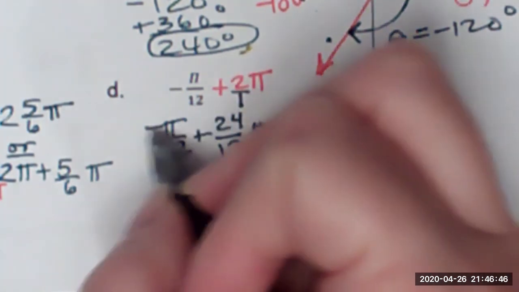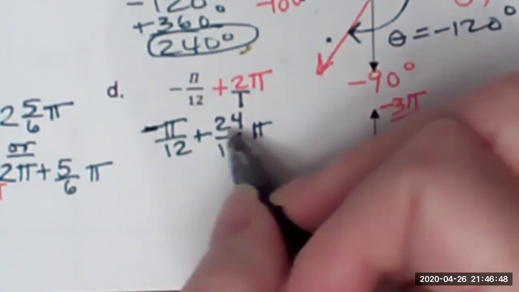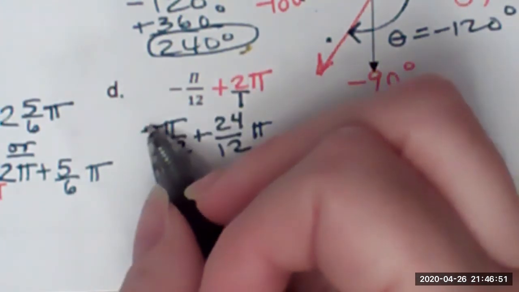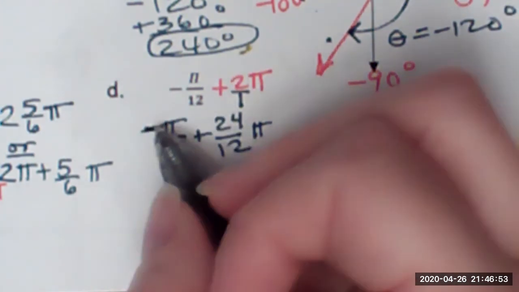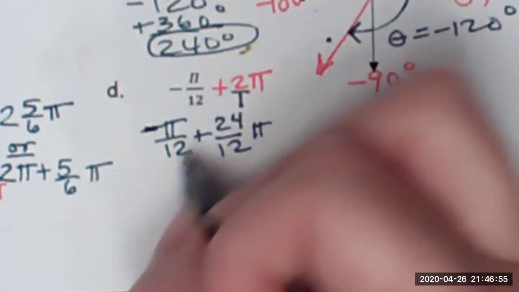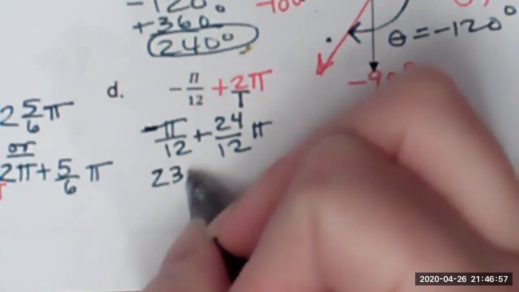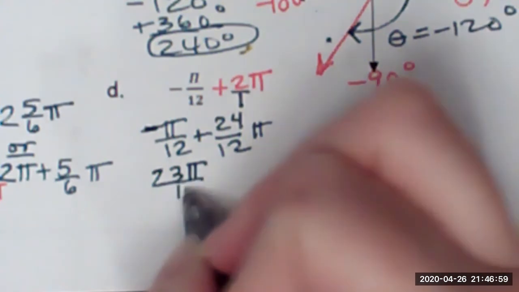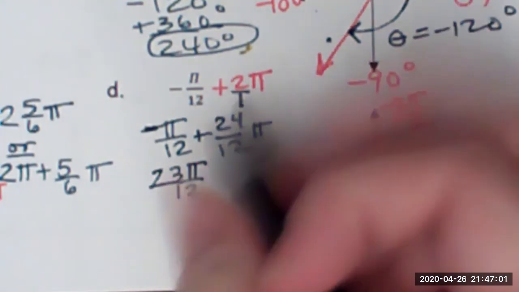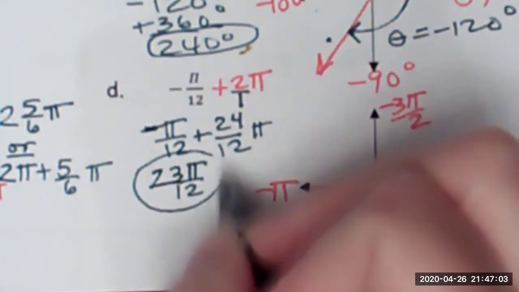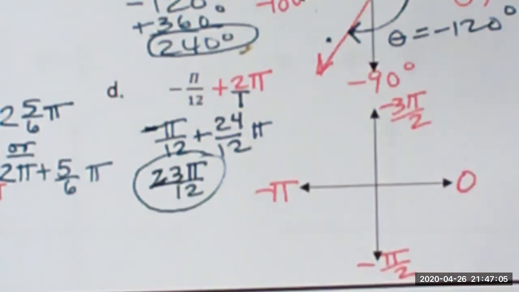You've got negative pi over here, so 24 minus 1 is going to be 23. So we've got 23 pi over 12. So that's our positive radian coterminal angle.